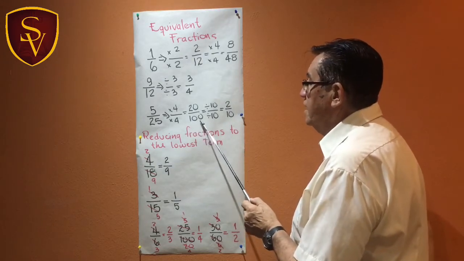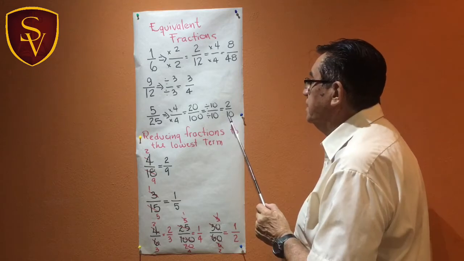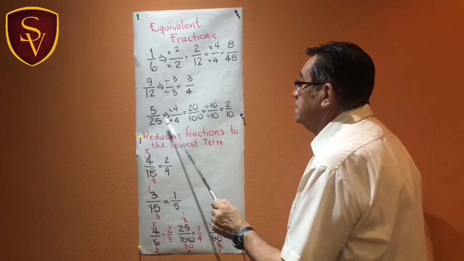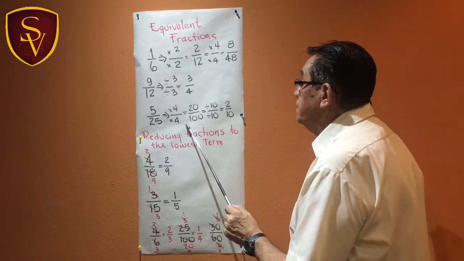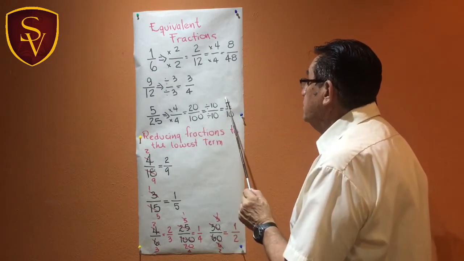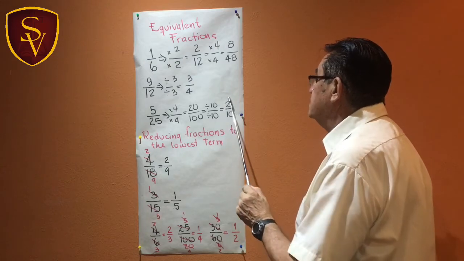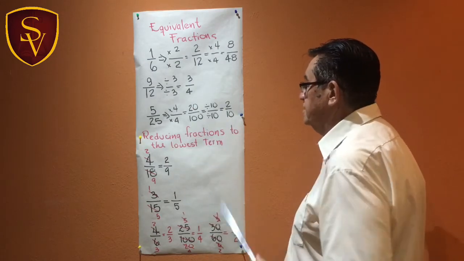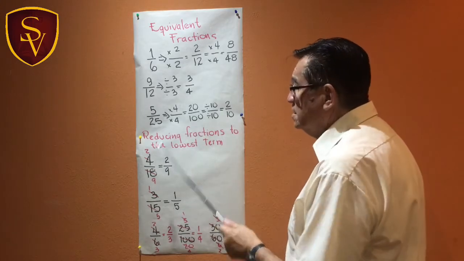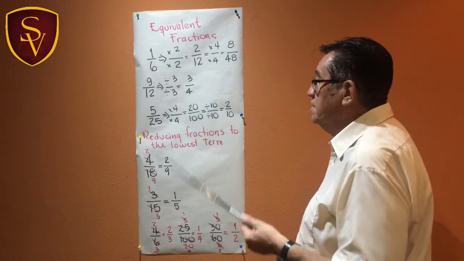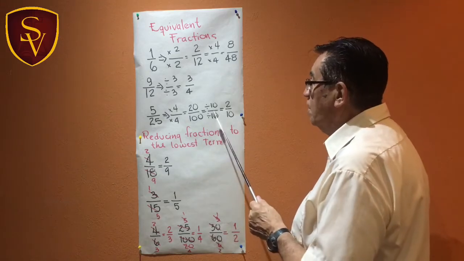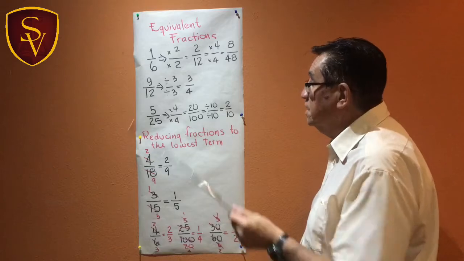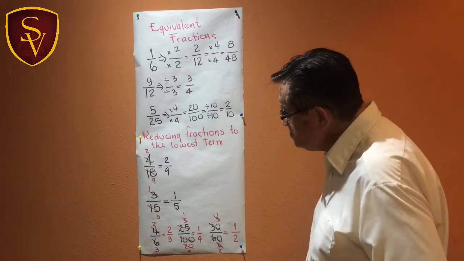And if I divide 100 by 10, I will get 10. So 5/25 is equivalent to 20/100, as well as 2/10. These are fractions which are equivalent. Very important when we have to do some operations that involve problems, that we can use equivalent quantities, equivalent numbers.